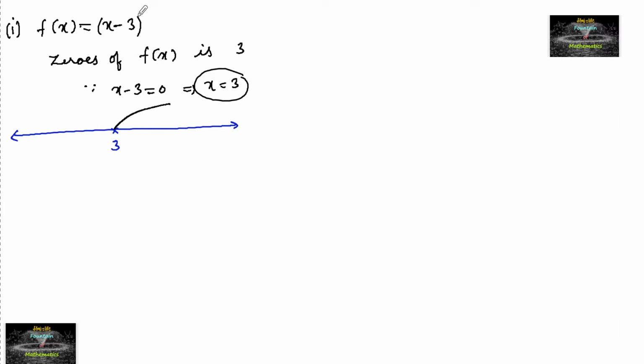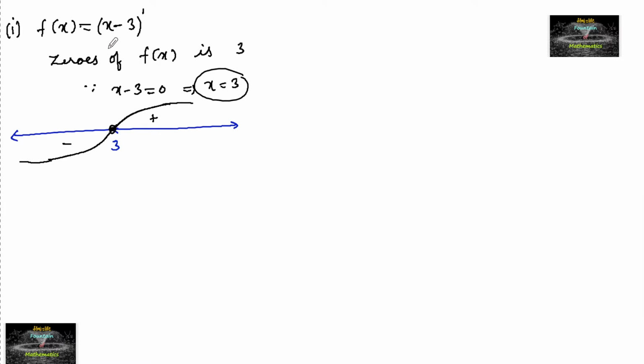Since the power of x minus 3 is 1, it's a single root, so the curve changes from the positive side to the negative side at 3. We can observe that the curve changes its sign from positive to negative, from the upper side to the lower side, and it continues.